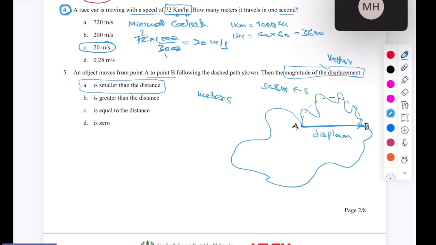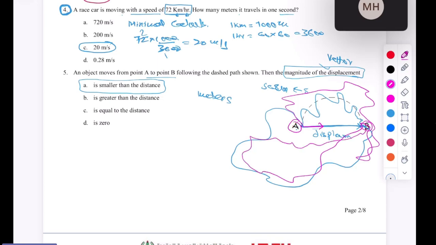For example, if a particle is moving from point A to B, the displacement has to be in this direction, but for distance it could be any direction, you can move in any direction. So the displacement will always be smaller than the distance.